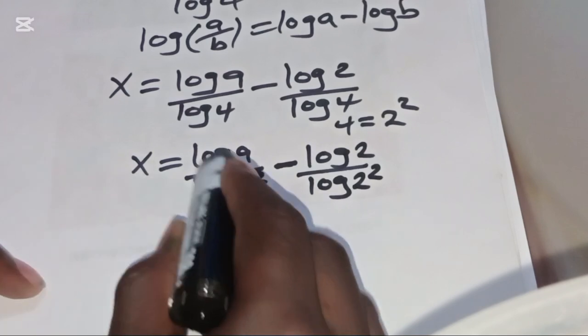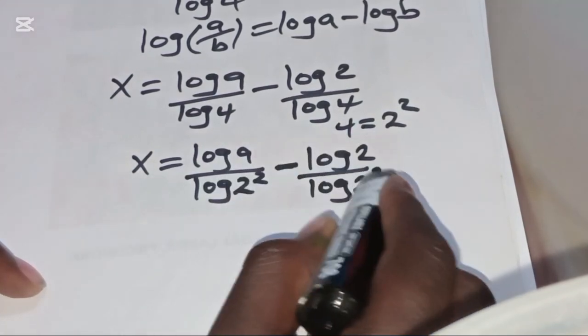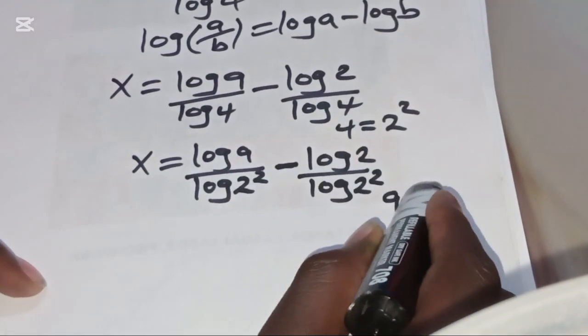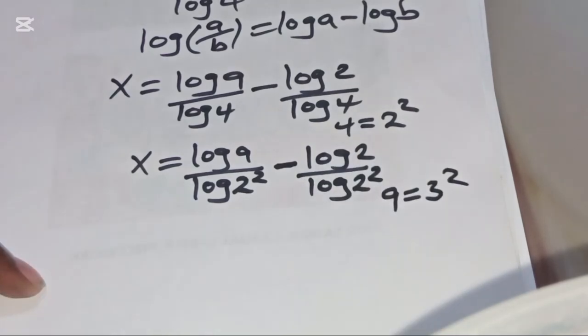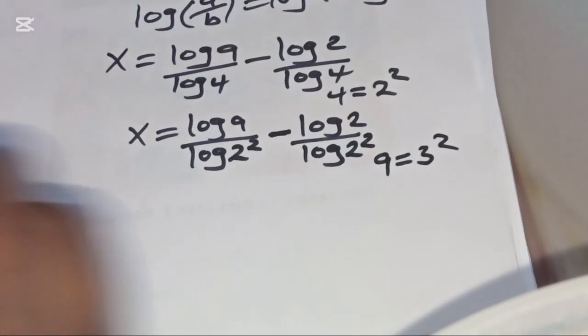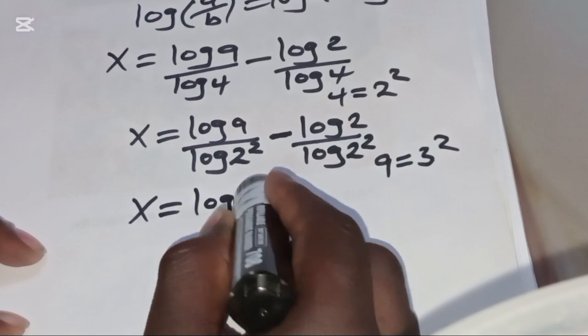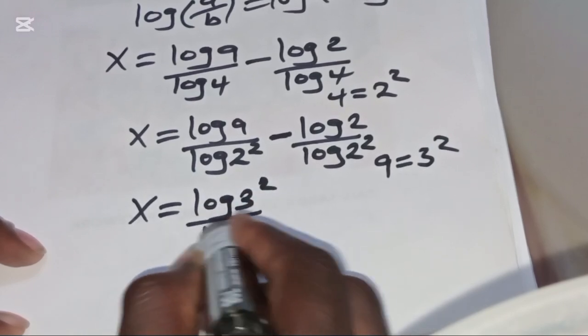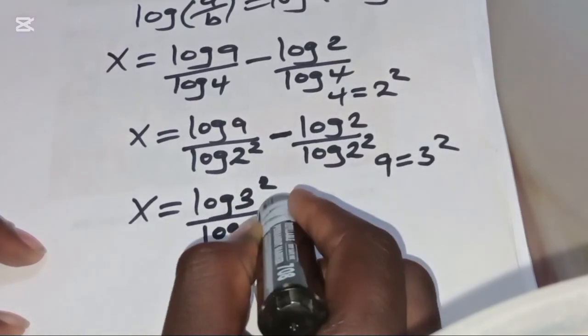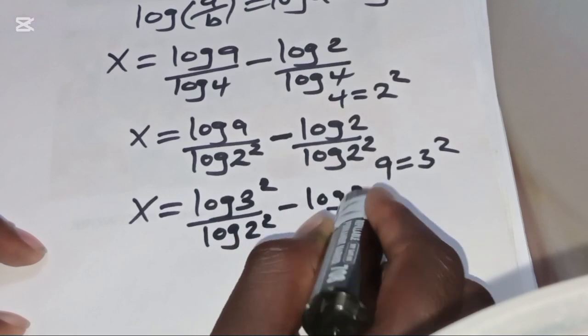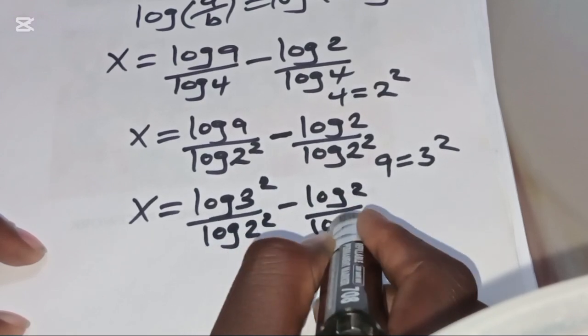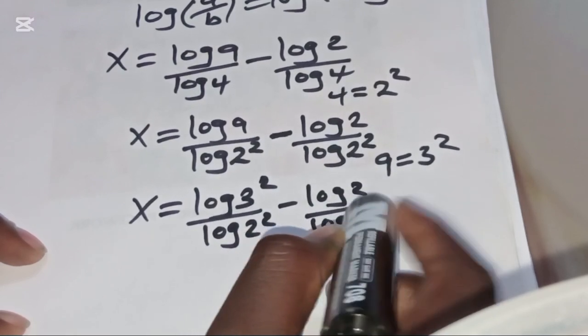We can express 9 further as 3 to power 2. So applying this, x is equal to log 3 to power 2 divided by log 2 to power 2 subtract log 2 divided by log 2 to power 2.